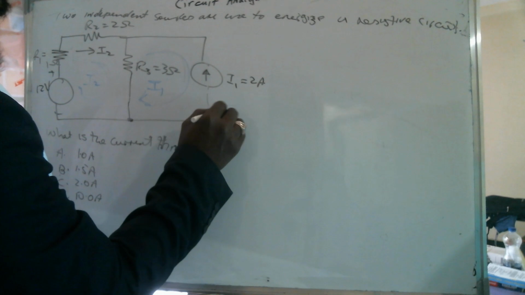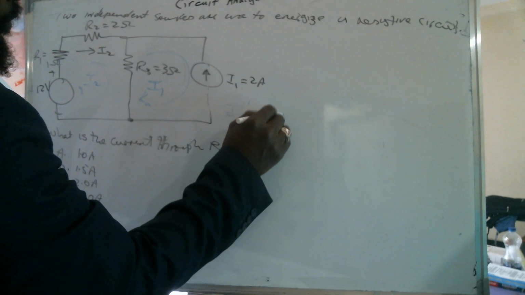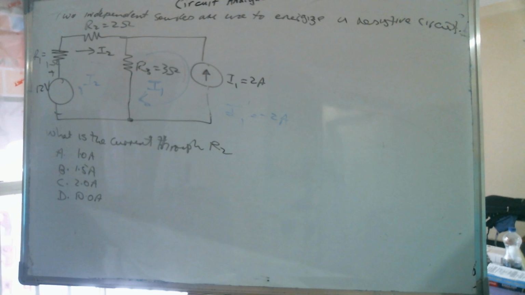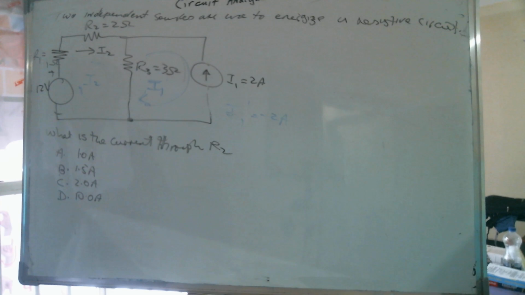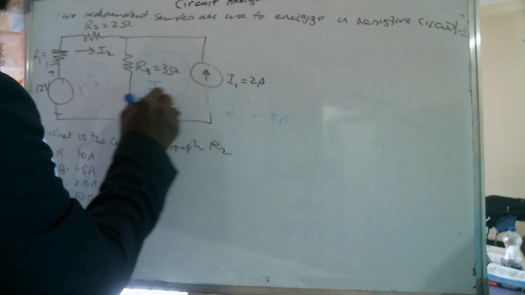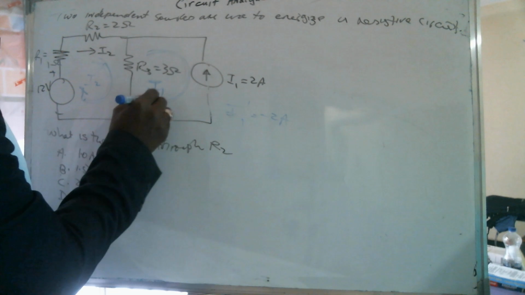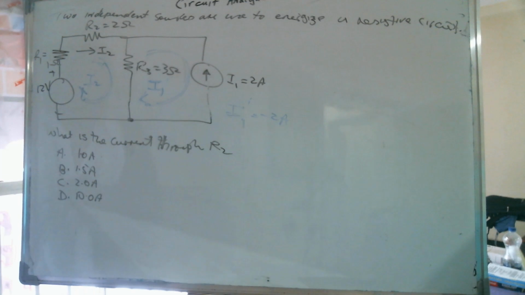It is actually negative 2 amps, since it's opposing the flow of the actual current source. The current source is 2 amps in this direction, but we're taking clockwise flows, so I1 prime is minus 2 amps.